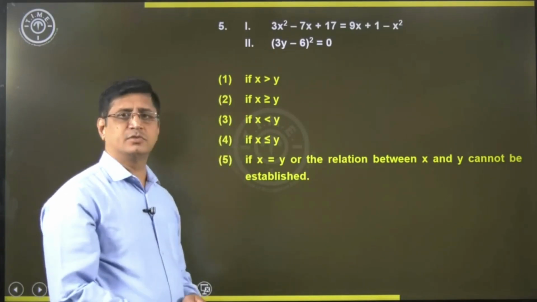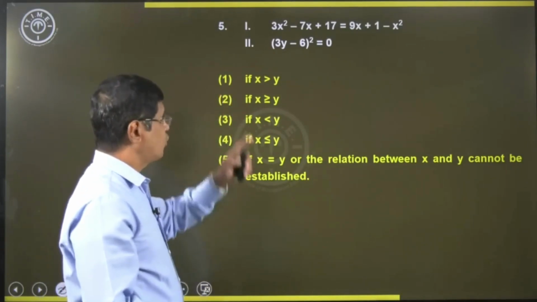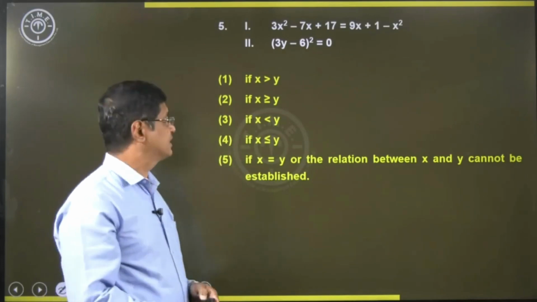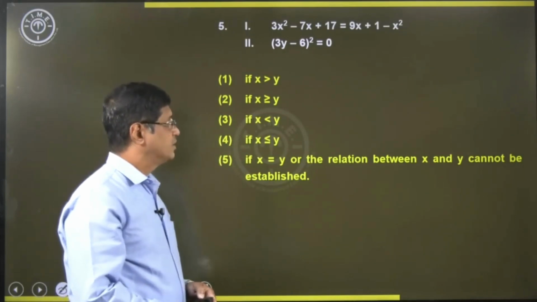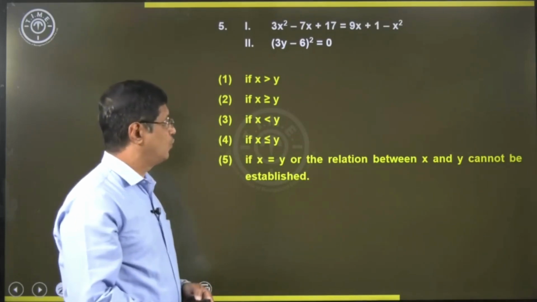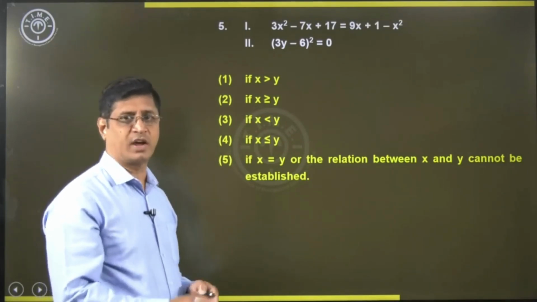Look at the first quadratic equation. 3x square minus 7x plus 17 is equal to 9x plus 1 minus x square.